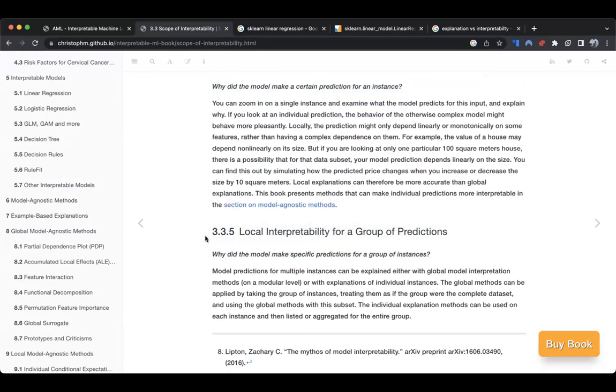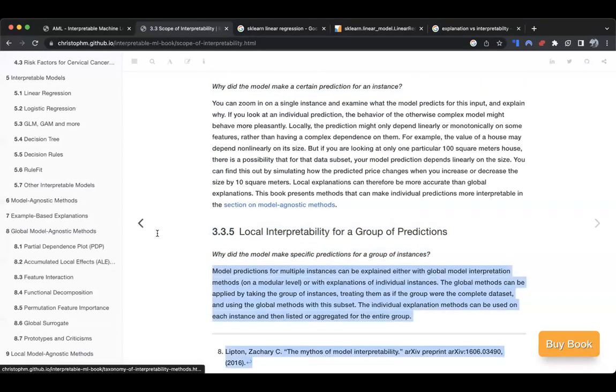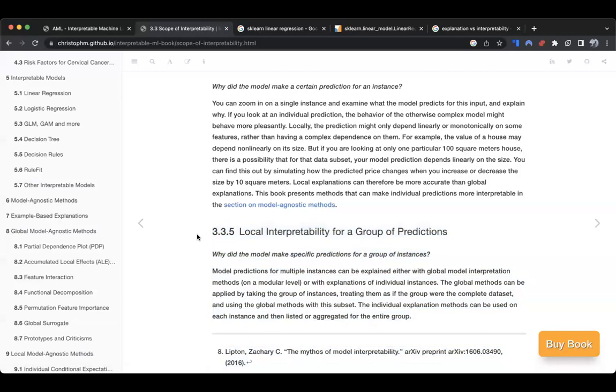No. This one depends on what algorithm you're going to use. We're not going to check any algorithms for local interpretability for a group of predictions, but it depends on how you're going to build it. But this is not something that is global for the whole complex model to understand. This is very localized to a certain part of the model. So let's say this is localized to a certain feature, like race, gender or income, right?